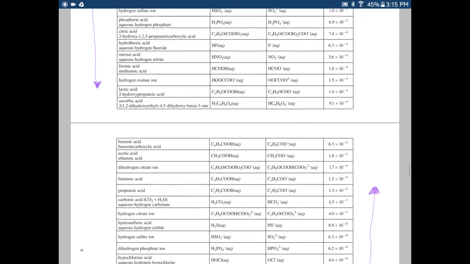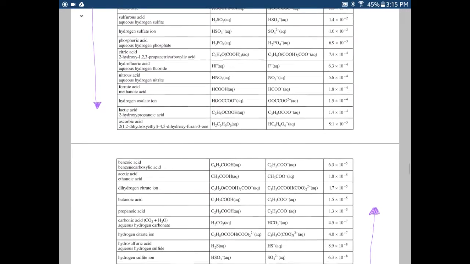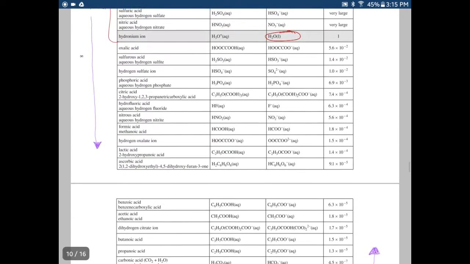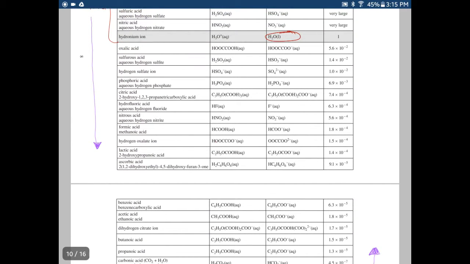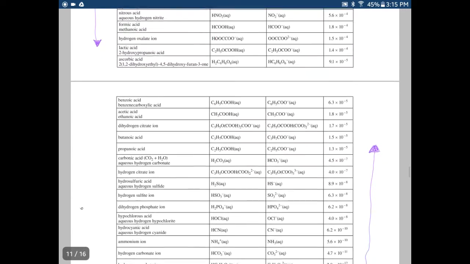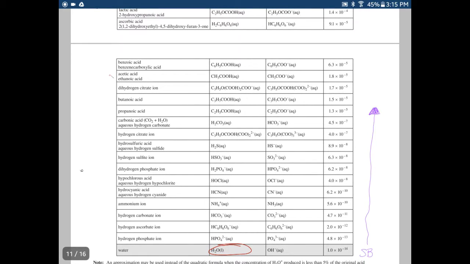Now, when I'm talking about the entities that we've listed, which are acetic acid, so we'll find acetic acid on here. Why can't I find acetic acid? There we go.